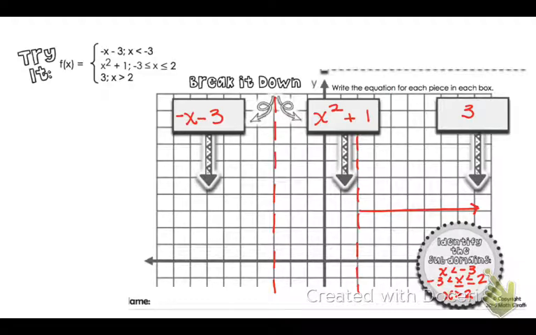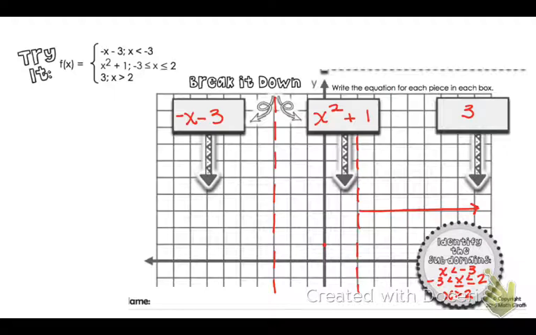In the middle part of the graph, it's a non-stretched quadratic. It's been shifted up 1 unit, so I know that the vertex has to be at 0, 1. And I know that I can't go beyond those 2 points to the left. So one thing that we can do is actually plug this number in on the fence.